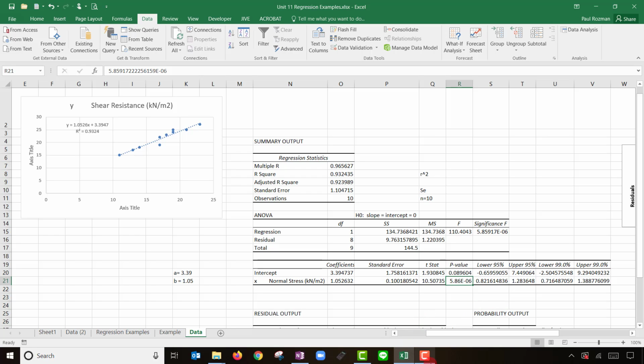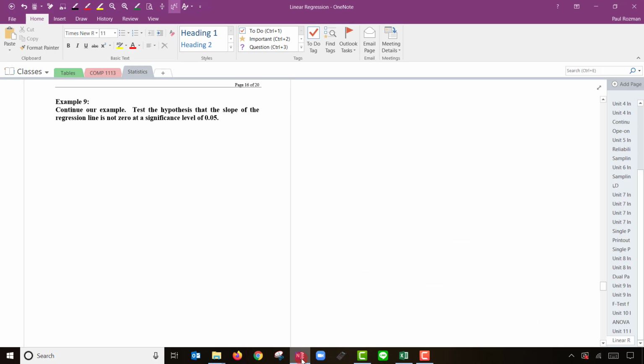So if we were going to do our hypothesis test, as it was stated over here, continue our example, test the hypothesis that the slope is not 0. We could quickly write that up nicely using the data that we had from the other page. Null hypothesis, alternative hypothesis.